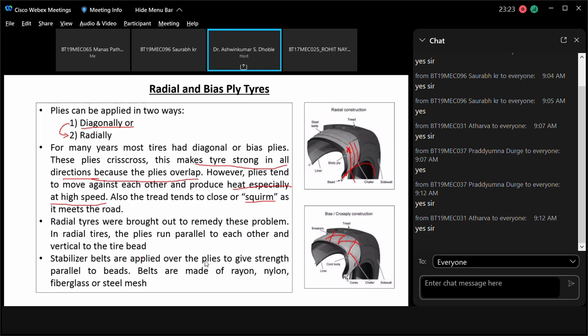And if you see that the middle portion of the tire is in contact with the road, then definitely that is going to be a bias or cross ply construction, because these tires look to be very steep. Generally these bias ply or cross ply construction tires are cheaper compared to radial tires.